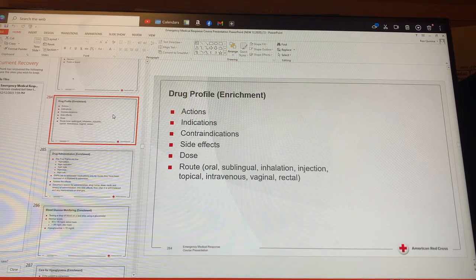Drug profile: actions, indications, contraindications, side effects, dose, route: oral, sublingual, inhalation, injection, topical, intravenous, vaginal, rectal. Okay.